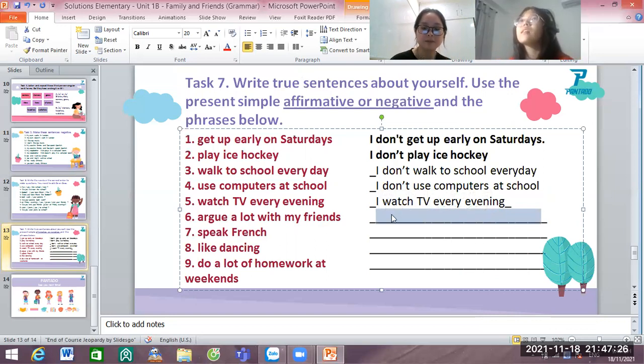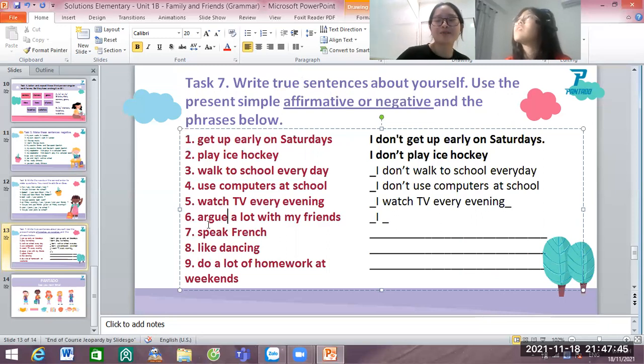Do you know what this word means? You don't know? Argue means that you have some problems with your friends and you start quarreling with your friends, which in Vietnamese means cãi nhau, lý luận.